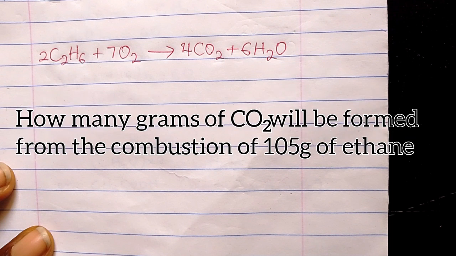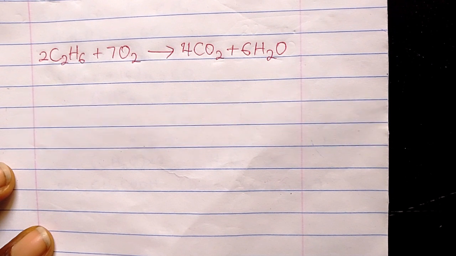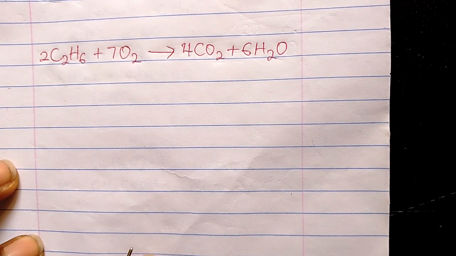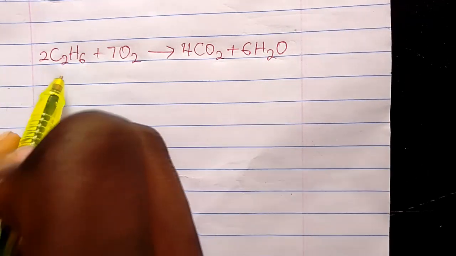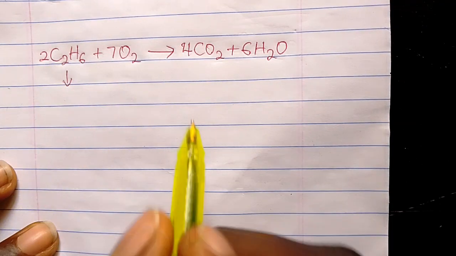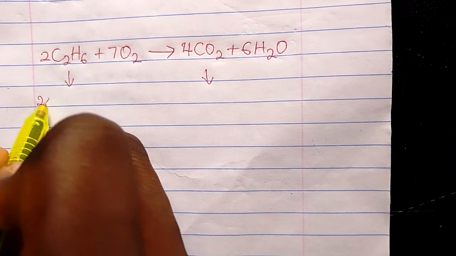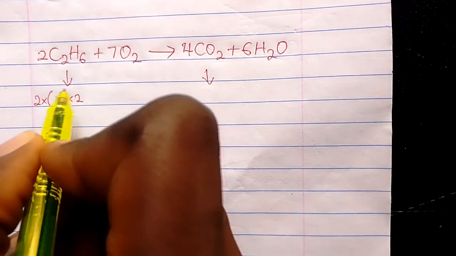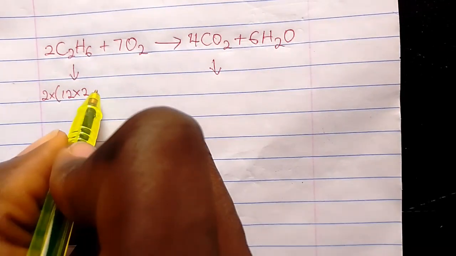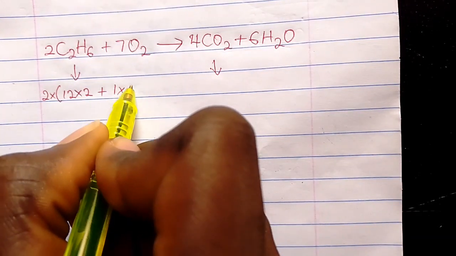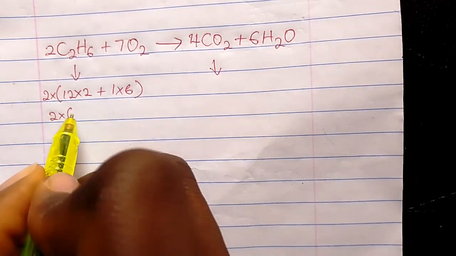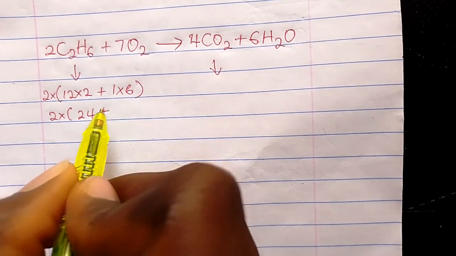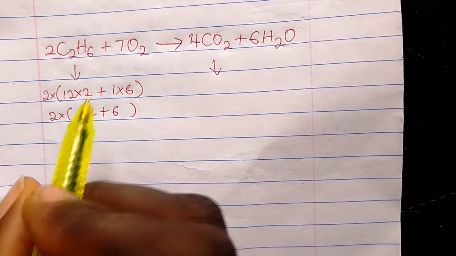How many grams of carbon dioxide will be formed from the combustion of 105 grams of ethane? Okay, so this is the balanced equation of the reaction like we got earlier. So we are going to check what mass of ethane reacts to form the certain mass of carbon dioxide, then we're able to calculate the answer. Here you can see that I'm trying to get the relative molecular mass of ethane, but I multiplied everything by 2 because it is 2 moles of ethane that is in this equation.